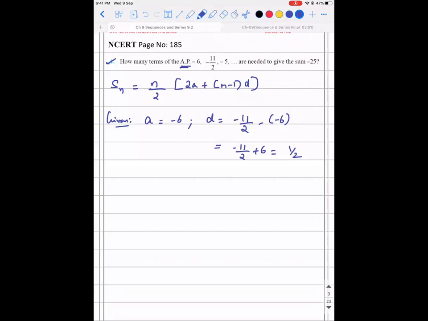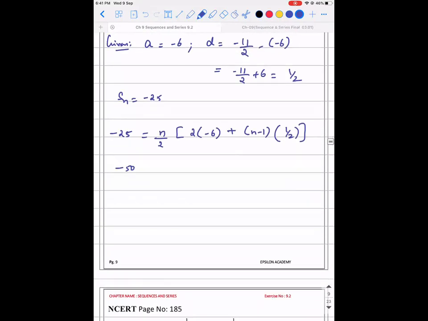And Sn is also given as minus 25. So minus 25 is equal to n by 2 into 2 into a, which is minus 6, plus n minus 1 into d, which is half.